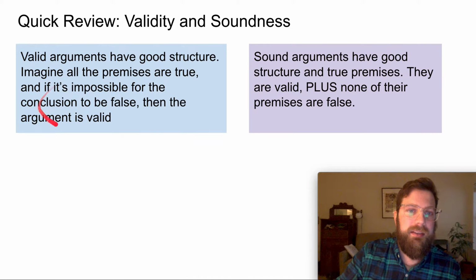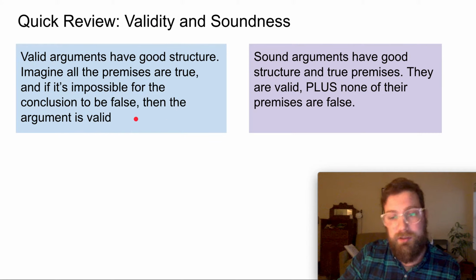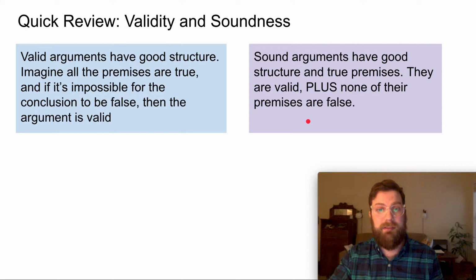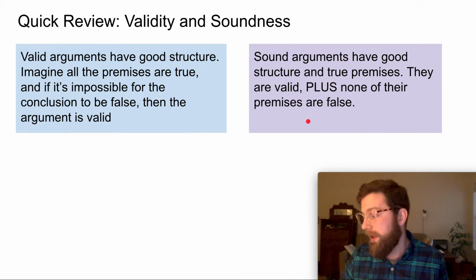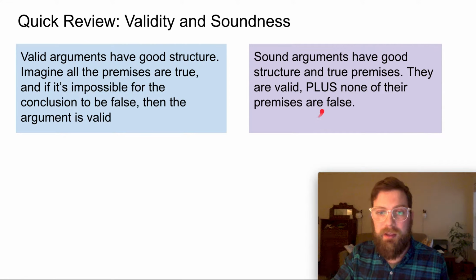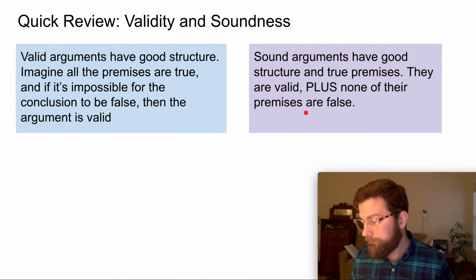So this is the idea that an argument has to have good structure. We also pointed out that you need to have true premises in your arguments, right? So you want to have a valid argument, an argument with good structure, but also good premises themselves. So you want a valid argument plus none of the premises are false.